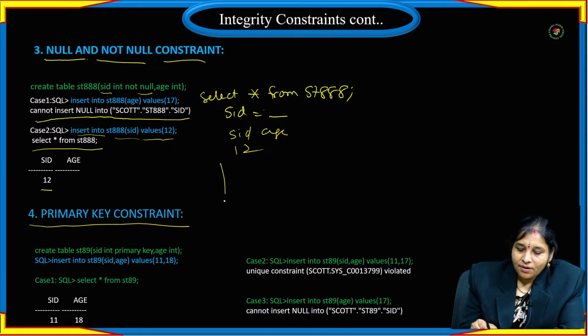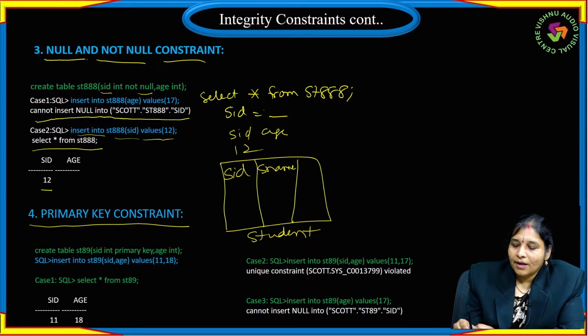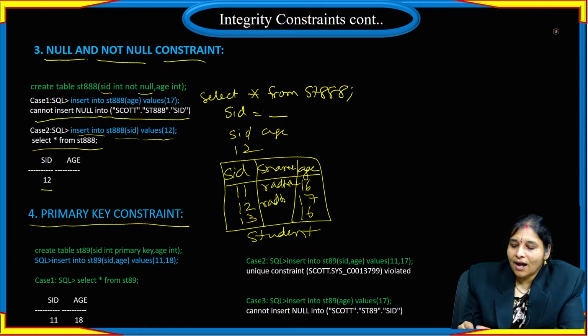For example, if I take a student table with 3 columns: student ID, name, age. Let us assume 11, 12, 13, and names as Radha, Radha and Raghu.